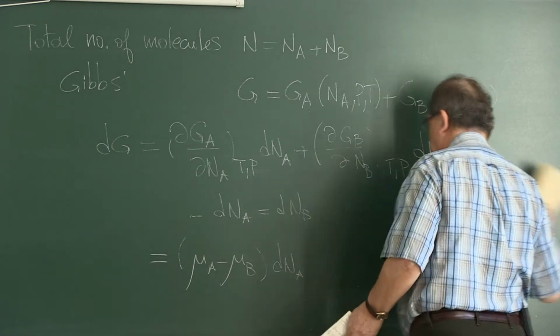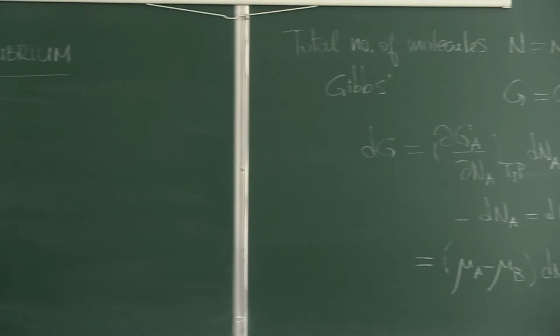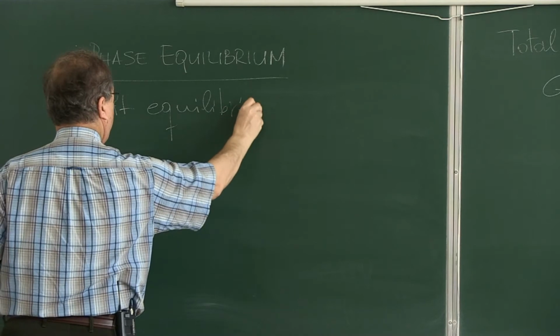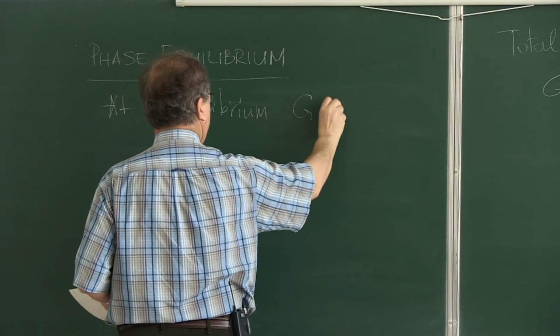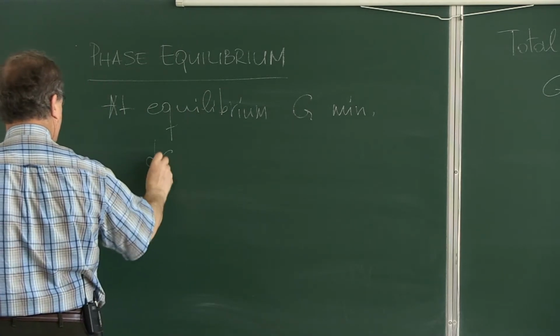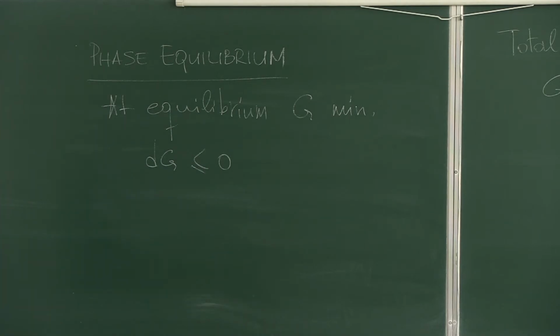So let's write that condition. dG will be smaller than or equal to 0. Okay?